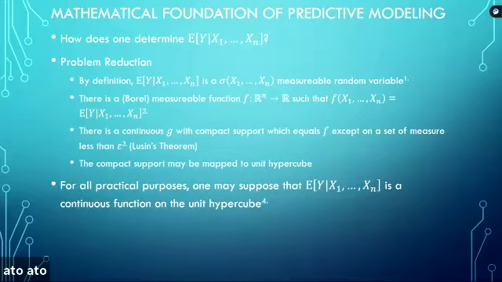And so now we're in good shape, because we can say that, for all practical purposes, the conditional expectation is a continuous function on the unit hypercube. We have a very concrete idea about what we're trying to achieve, a continuous function, and a very concrete idea about where it lives. It lives on the hypercube.